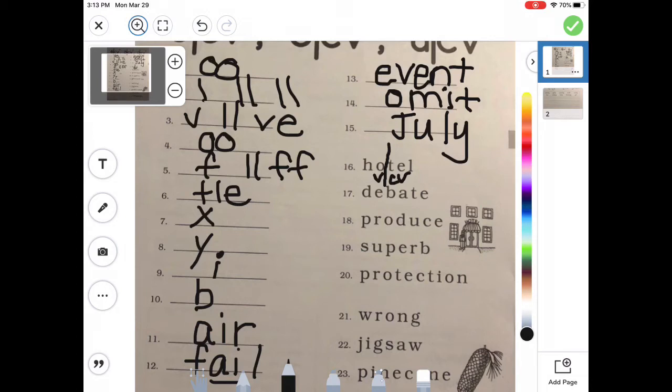Since that O is at the end of the syllable, there's nothing behind it, so it's going to be open. So it's going to be long. So O, ho, is our first syllable. Then over here, it's just a CVC word, so that E is going to be short. So L, hotel. Hotel, very good.